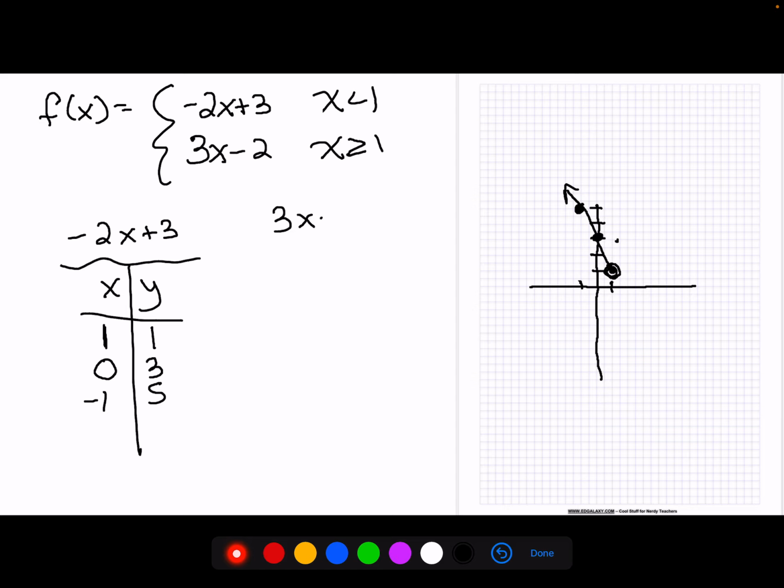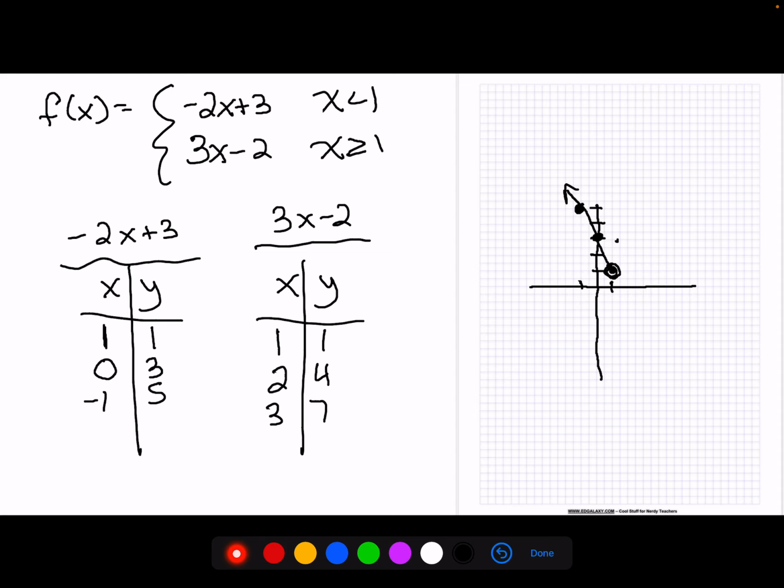Then 3x minus 2 starts at 1 and includes 1. Plug 1 into that, and we actually get 1 back. We won't always get the same point. Plug in a 2, you get 4. Plug in a 3, you get 7. I probably won't even go that far. So 2, 4, and that's going to fill in at 1, 1.